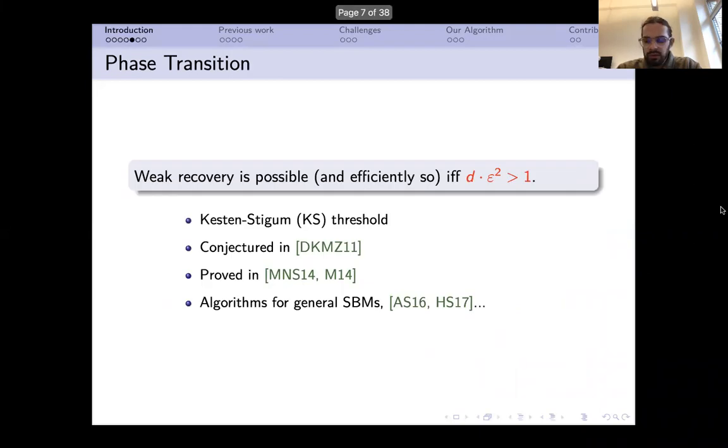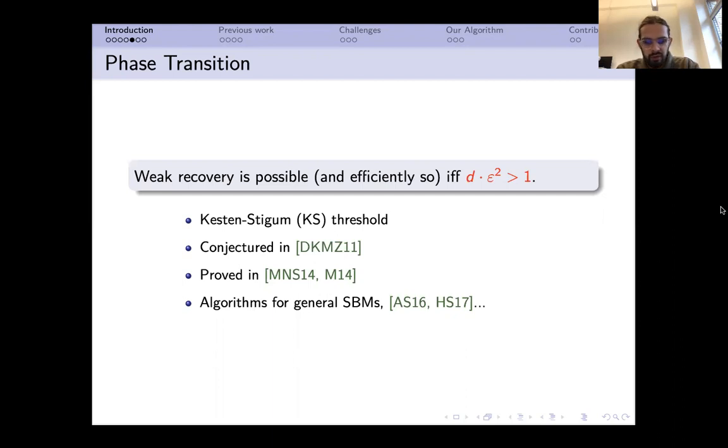It turns out that there is an amazing result about weak recovery, which essentially states that there is a sharp threshold, called the Kesten-Stigum threshold, below which it's impossible to perform weak recovery. But as soon as we are above this threshold, then efficient weak recovery is possible. The threshold is d times epsilon squared larger than 1.